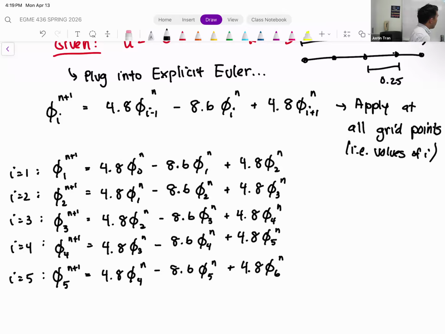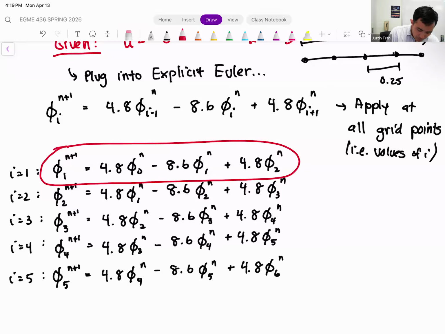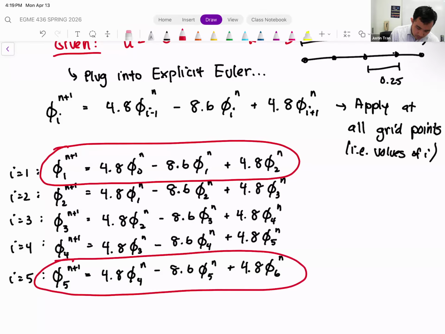Okay. But before we start advancing this forward in time, there are a couple issues here that we have to deal with. So first issue is we need to incorporate our boundary conditions, because if we look at the first equation in this system and the last equation in this system, both of these equations have a value for phi that we cannot access because they don't exist, right?